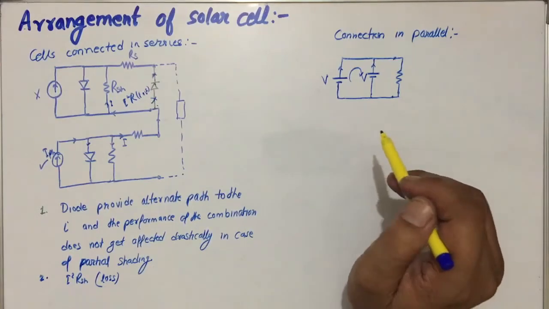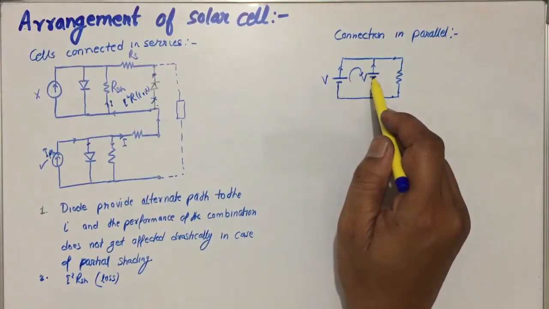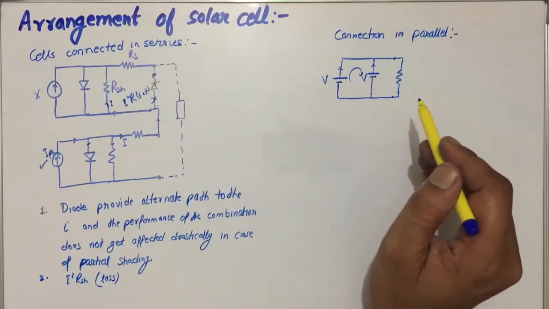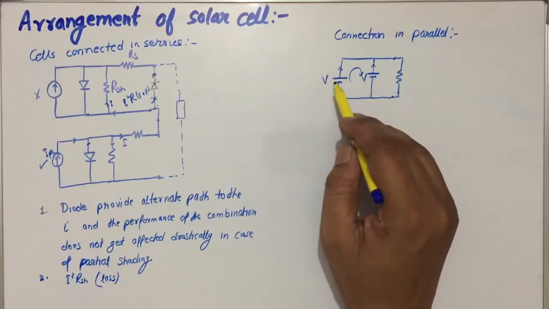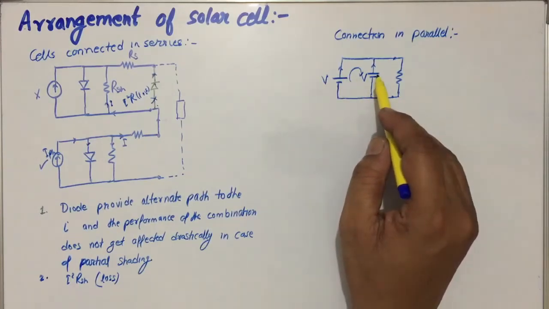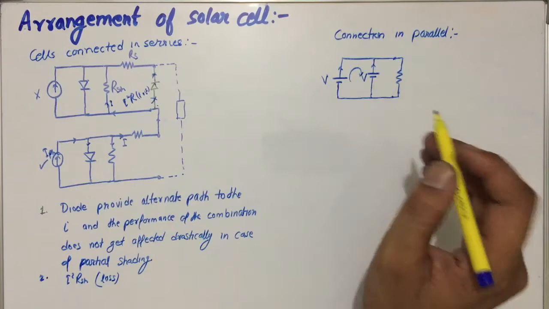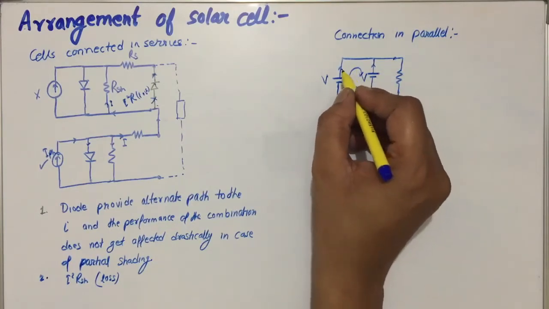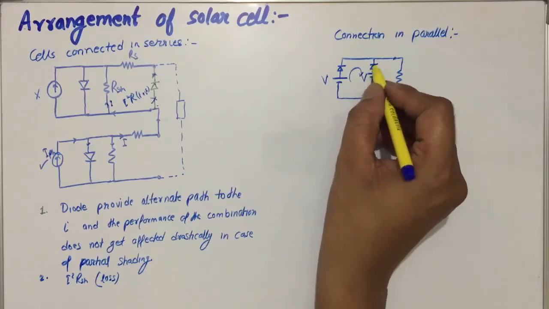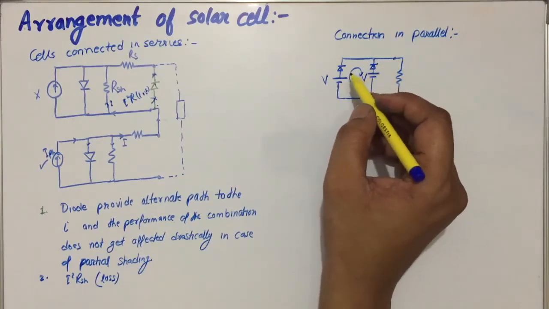Equalizing the voltage is one way, but that is not so easy or possible. So what can we do? The condition here may be different from the condition here, so if we connect a diode like this, then what will happen?